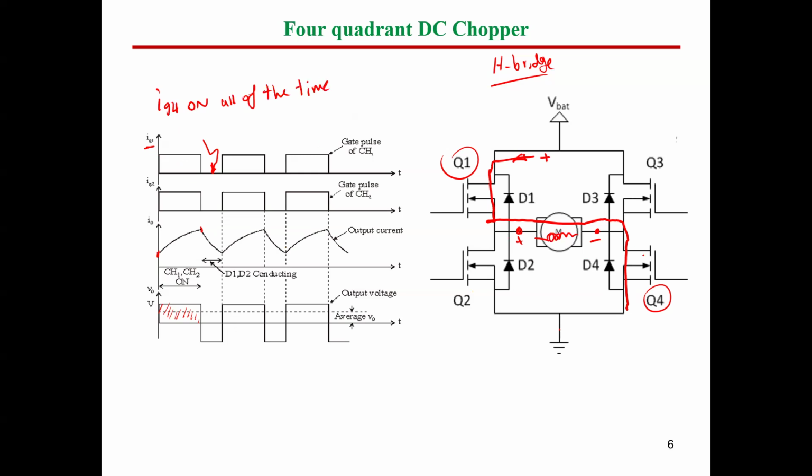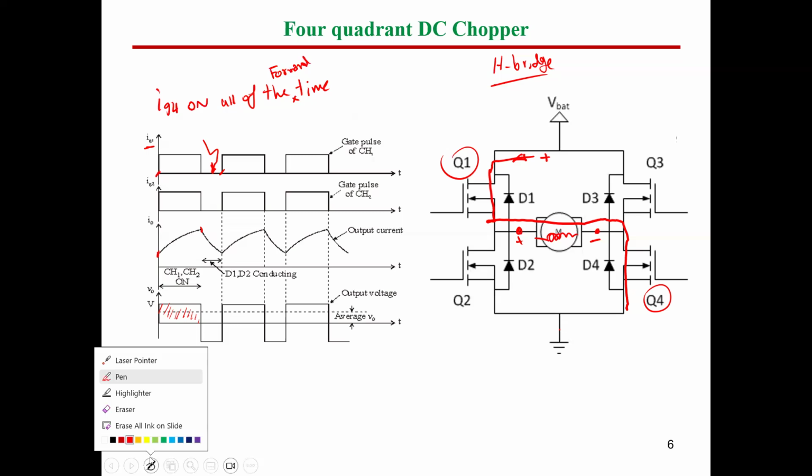So if Q4 is on all of the time of this cycle, from here to here, Q4 is working all of the forward time. Okay, so let me draw that in a different color.